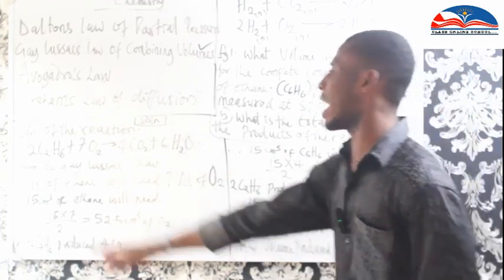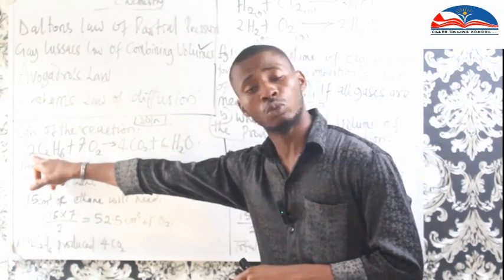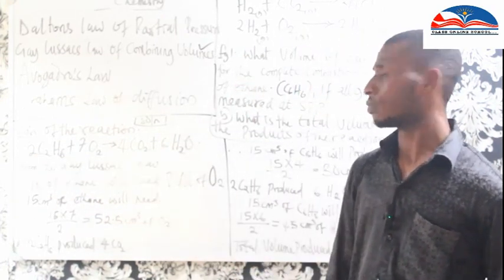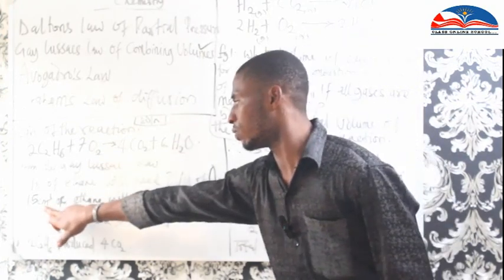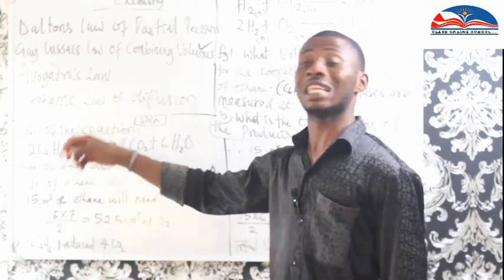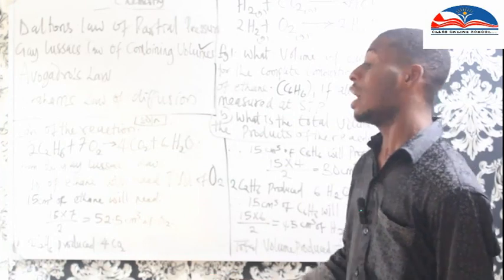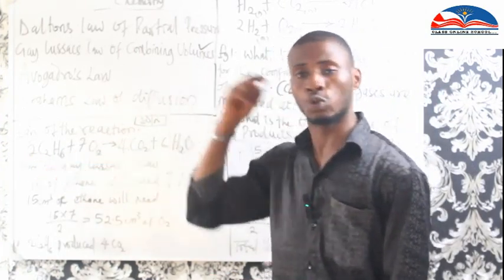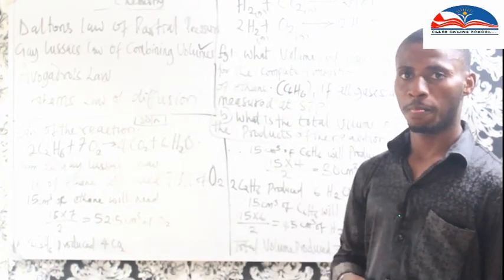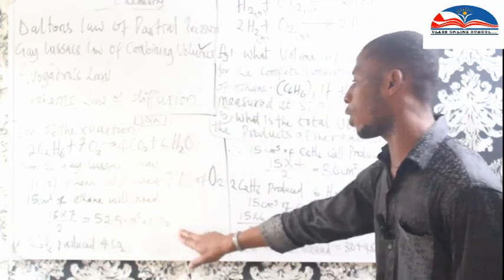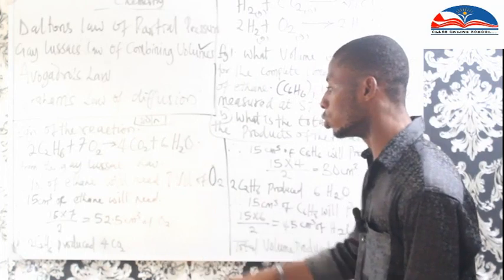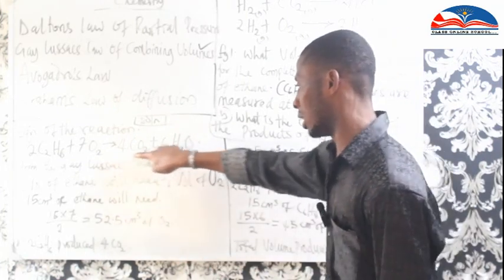But in the reaction, we have 2 cm³ or 2 moles of ethane. Now, what we will do is we will use the one they give us, which is 15, multiply it by the oxygen that is already in the equation, and divide it by the 2 that the equation used.